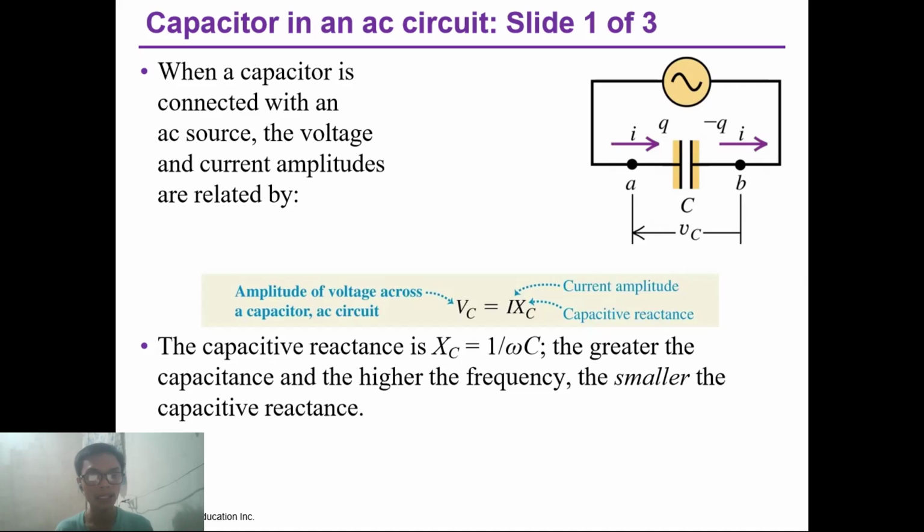The greater the capacitance and the higher the frequency, the smaller the capacitive reactance. Again, for a capacitor, voltage lags current by 90 degrees, and the capacitive reactance decreases with frequency.